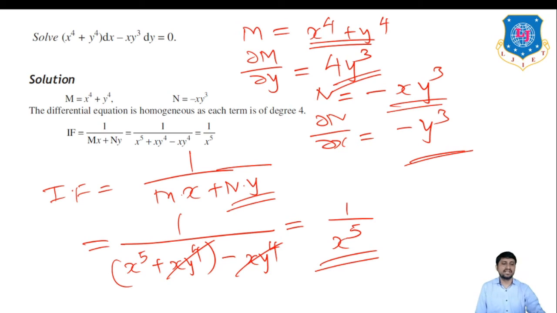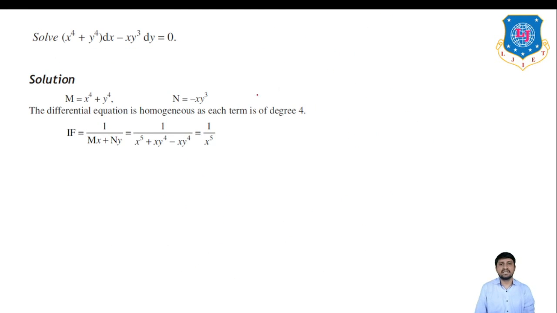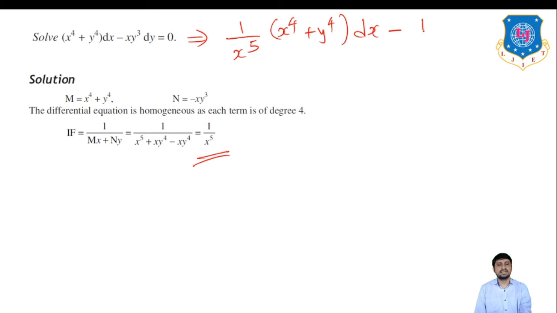So now we have to multiply 1 upon x raised to 5 into the given equation. When we multiply the integrating factor 1 upon x raised to 5 on both the sides, we get 1 upon x raised to 5 into (x raised to 4 plus y raised to 4) dx minus 1 upon x raised to 5 into x y cube dy equal to 0.